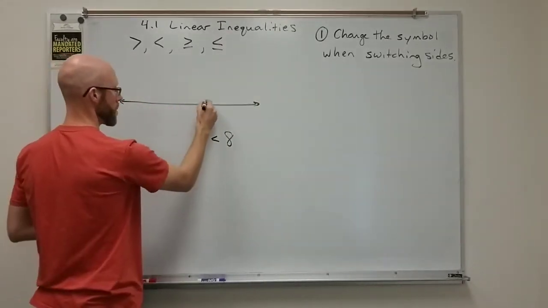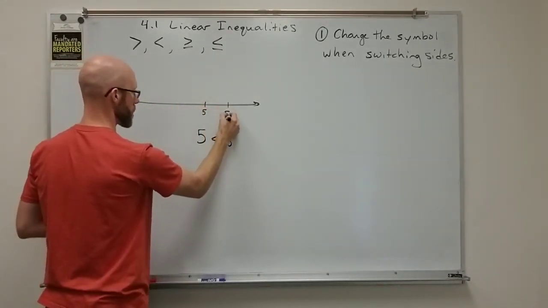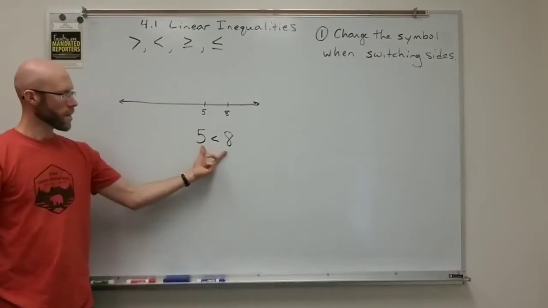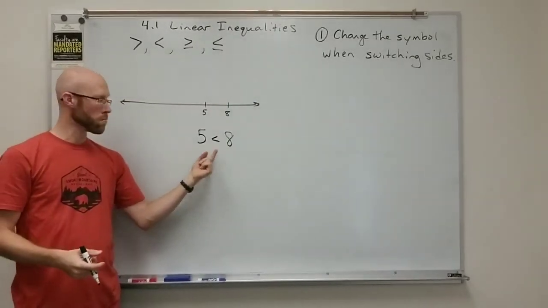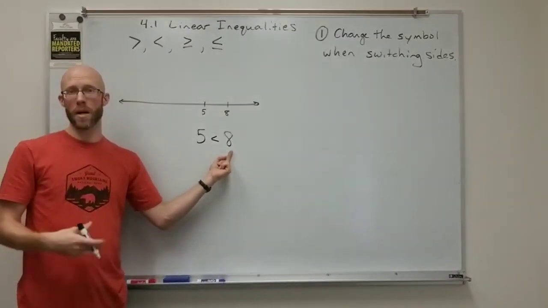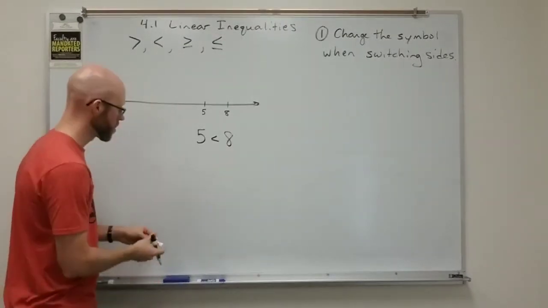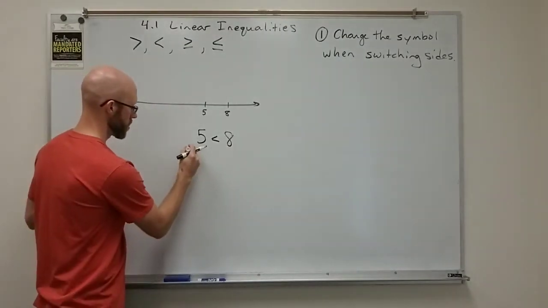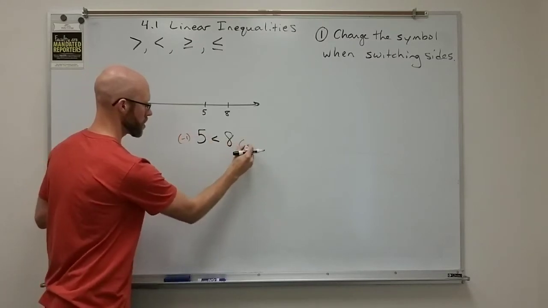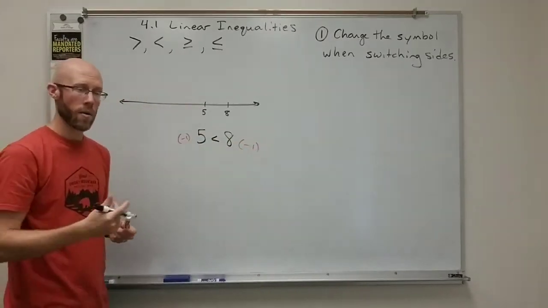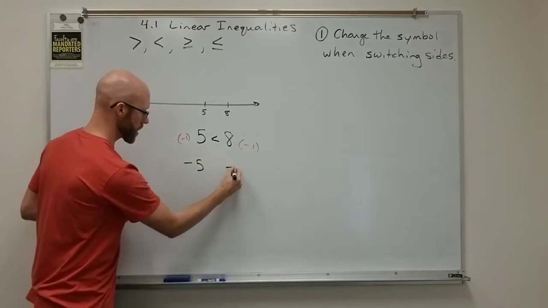I'm going to throw the 5 and the 8 a little further off to the right here. I know that 5 is less than 8. If I were to multiply each of these values by -1, for instance, times -1, times -1, I'm going to end up with a -5 and a -8.